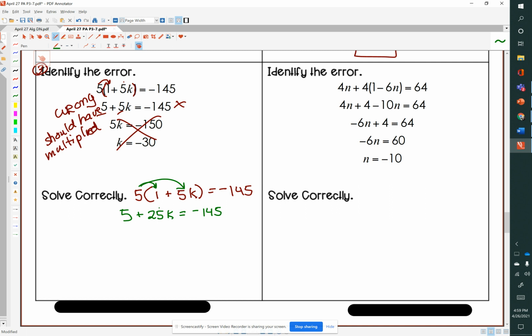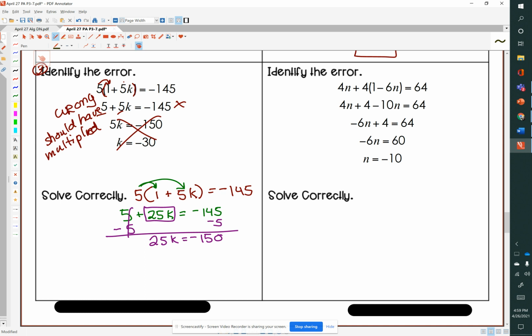Now, we need to isolate the 25k, so we will subtract that 5 that is being added, and whatever we do to one side, we will do to the other. That will leave us with 25k equals negative 150.